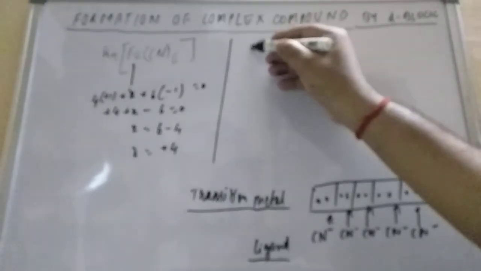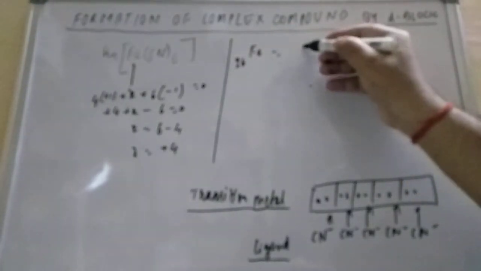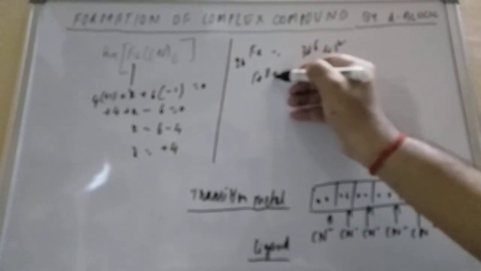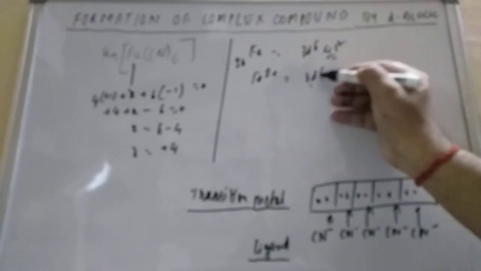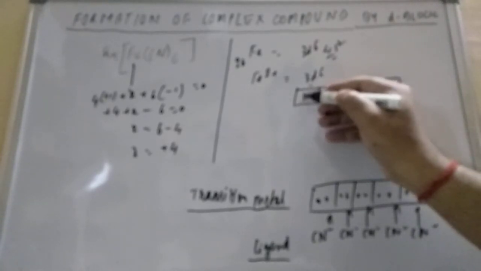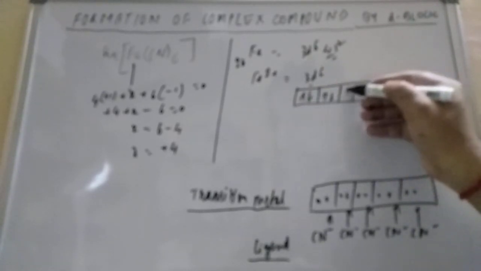Iron has atomic number 26 and configuration 3d6 4s2. If you talk about Fe2+, how many electrons are in 3d6? Six electrons: 1, 2, 3, 4, 5, 6.